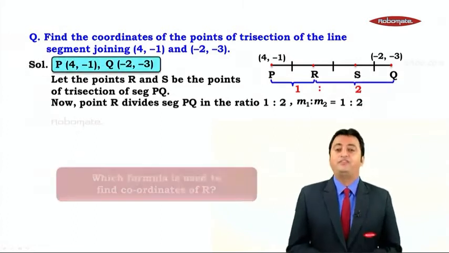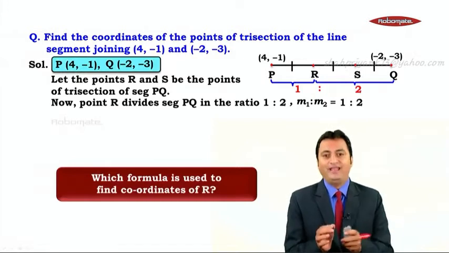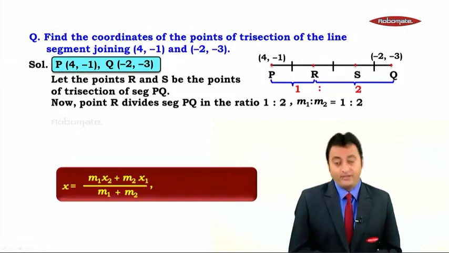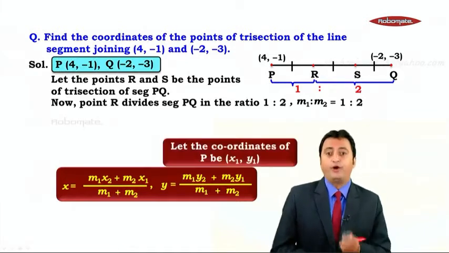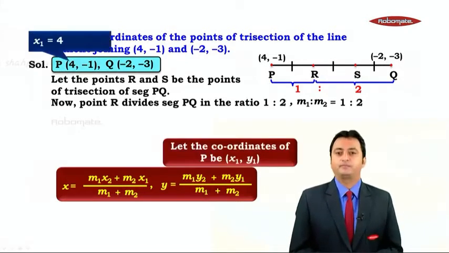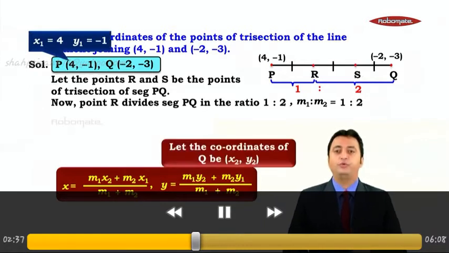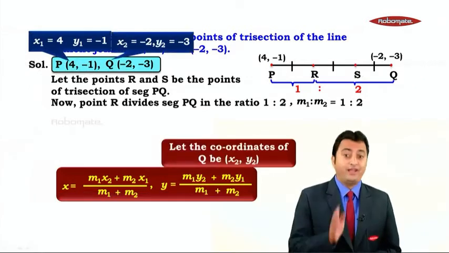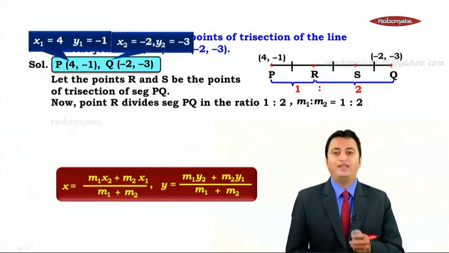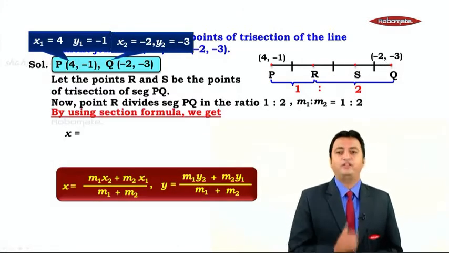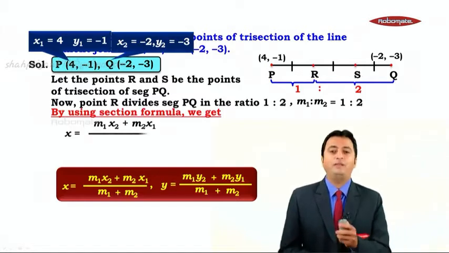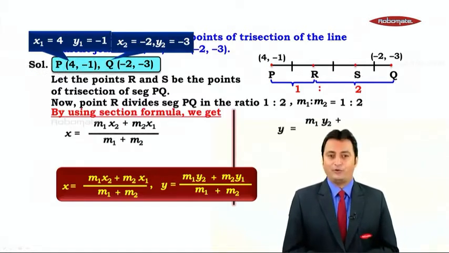Now we got m1:m2 as 1:2. Let us apply section formula for internal division. This formula everyone is very aware about. So point P is (x1, y1) and point Q is (x2, y2). And remember how much was the ratio? 1:2. Now once you write the section formula, the solving part should not be difficult at all.